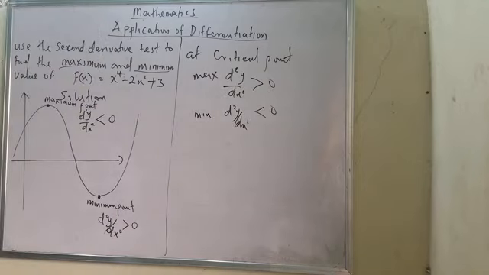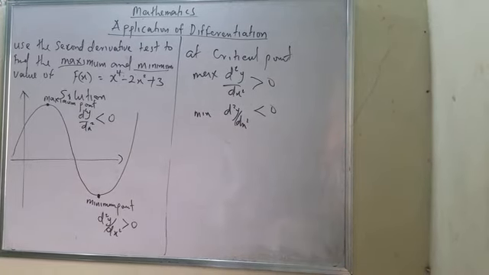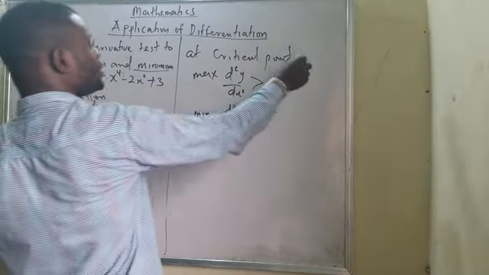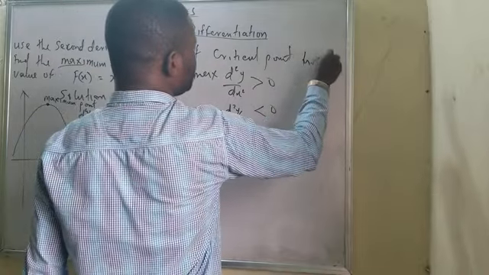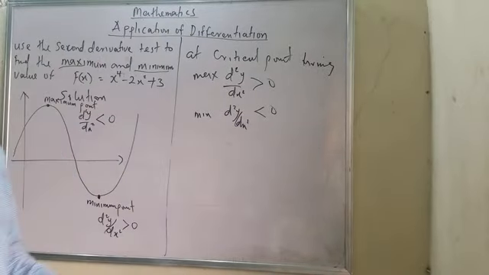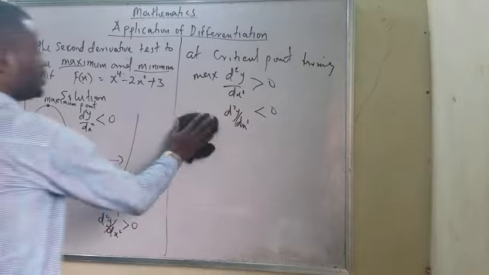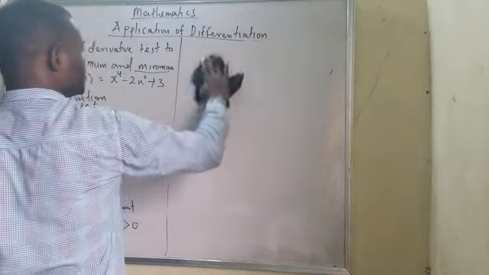Please take note of that important information. A critical point can also be called a turning point. Don't forget that. Please take note of this information, it is very, very important.